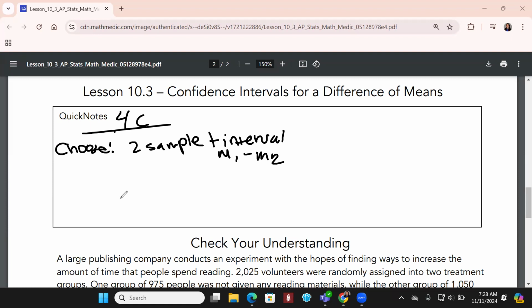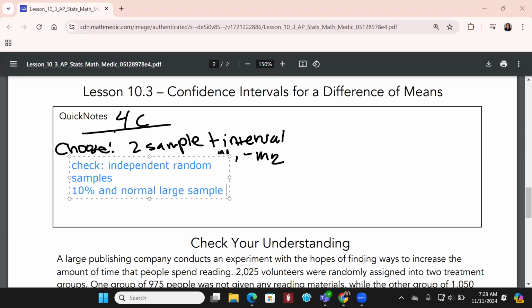Then we check, and that's going to be independent random samples, 10%, and normal or large sample. Remember, we're going to multiply that by 2 because we're going to have it on both sides.